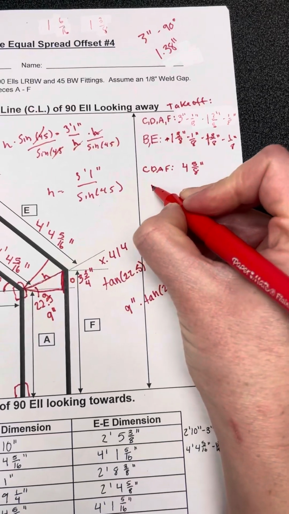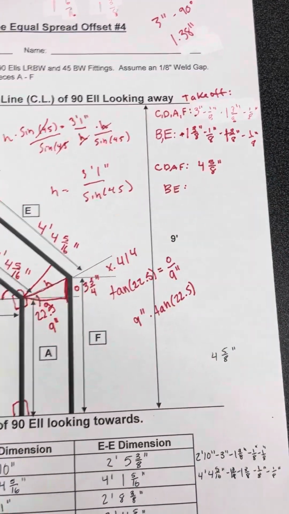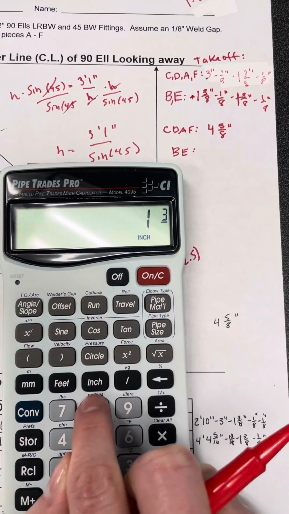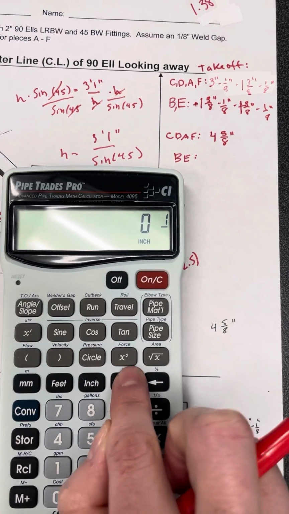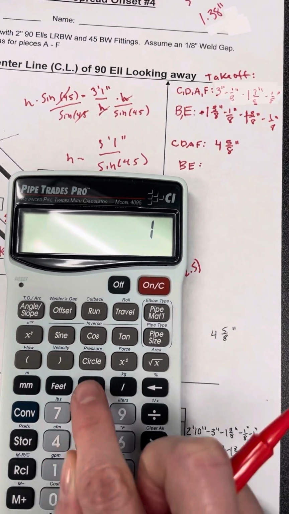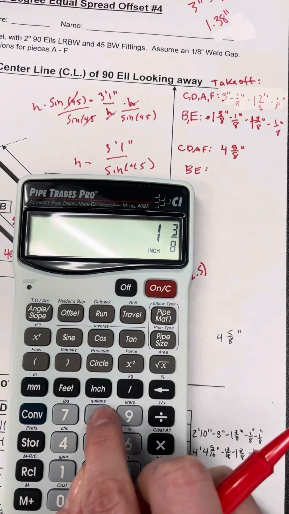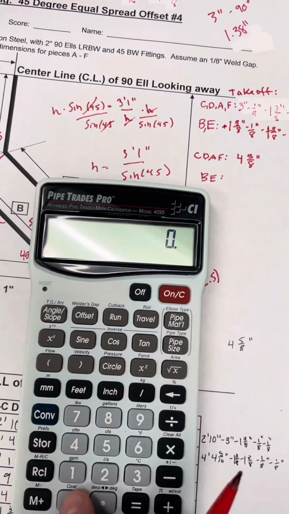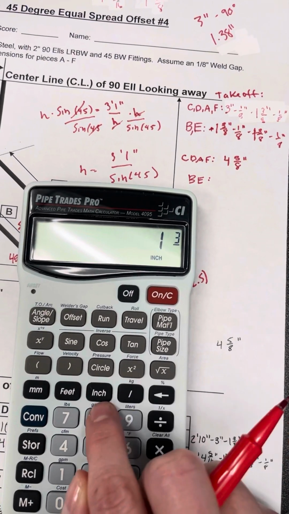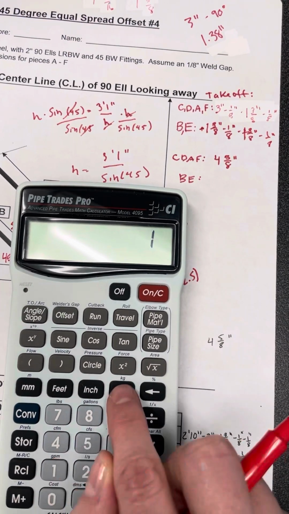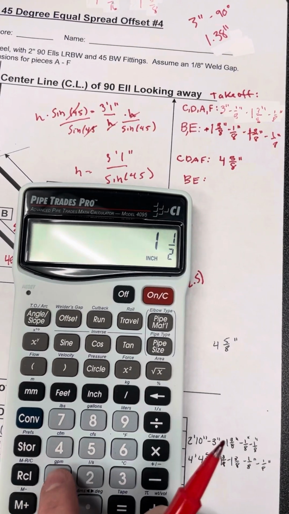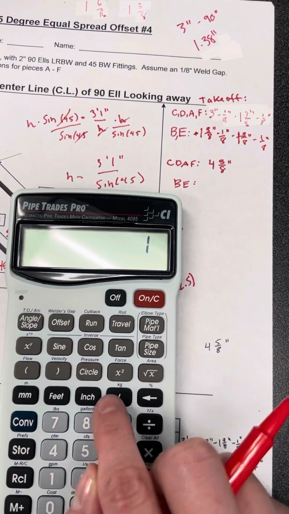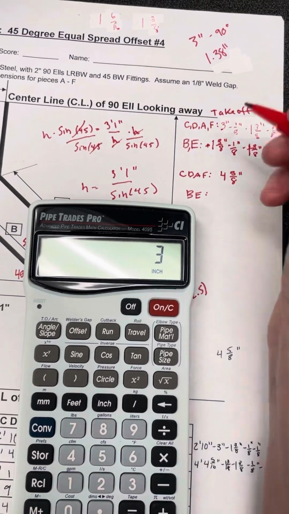So the total takeoff for B and E is going to be 1 inch and 3/8 plus 1/8 plus 1 inch and 3/8 plus 1/8, and that's a nice even 3 inches.